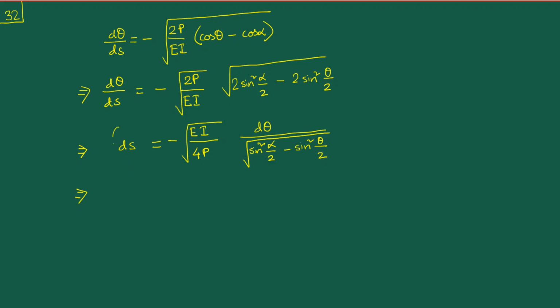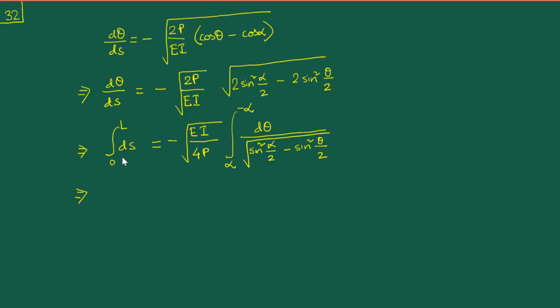So this ds integration with respect to s is going from 0 to L. Now in this integration, you note that theta is actually going from alpha to minus alpha as s is going from 0 to L. That is very important to note. Just because we are writing it like an integration, please do not be tempted to write it as minus alpha to alpha.